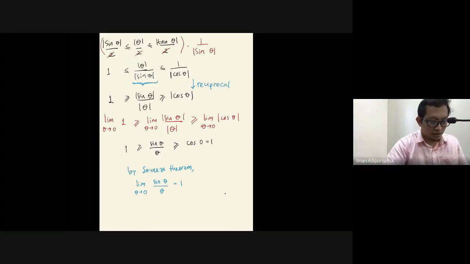or if you want to add, for theta from 0 to pi over 2.